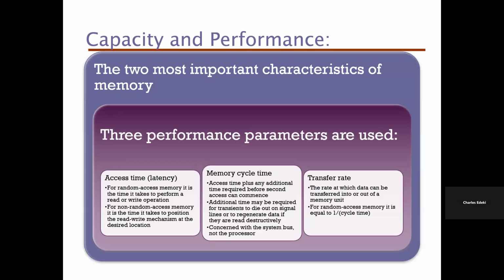So the stored address information normally will be used to separate records, and also assist in the retrieval process. Now with random access, as we said earlier, each addressable location in memory has a unique, physically wired in addressing mechanism.